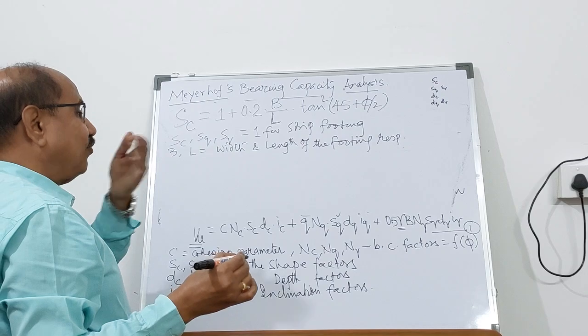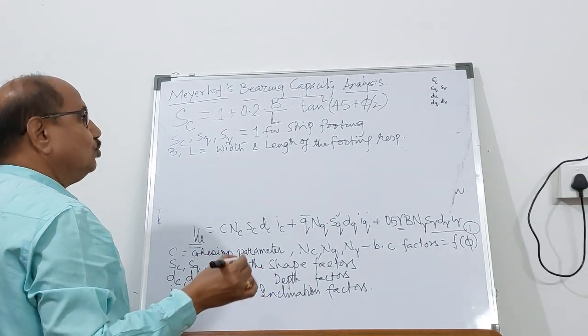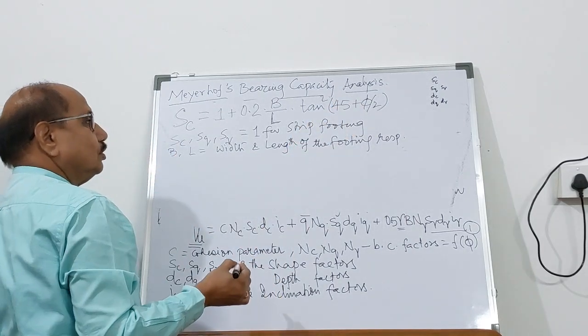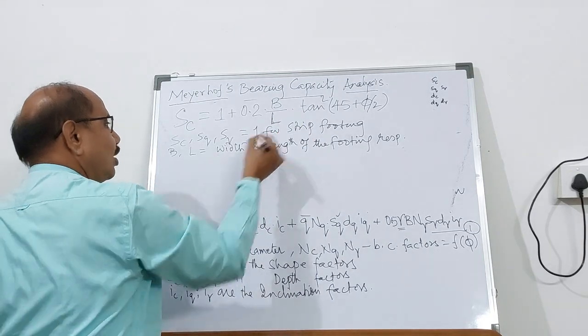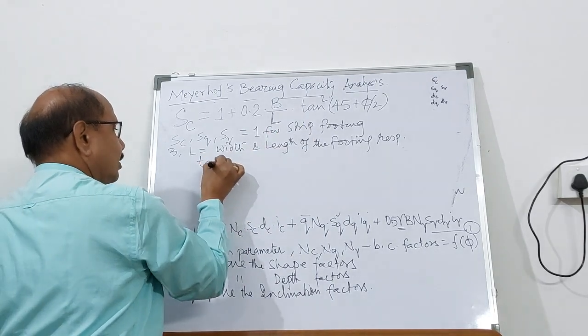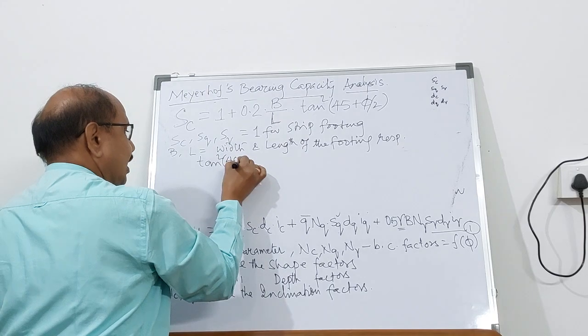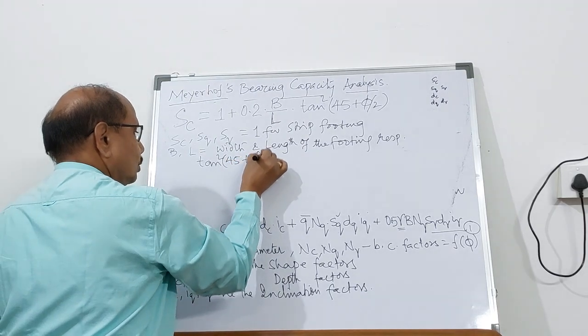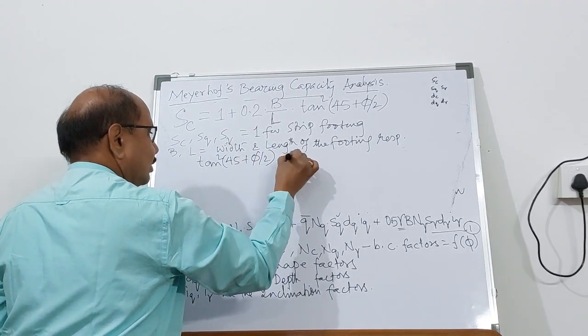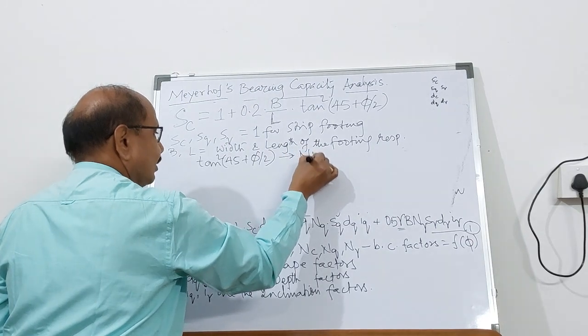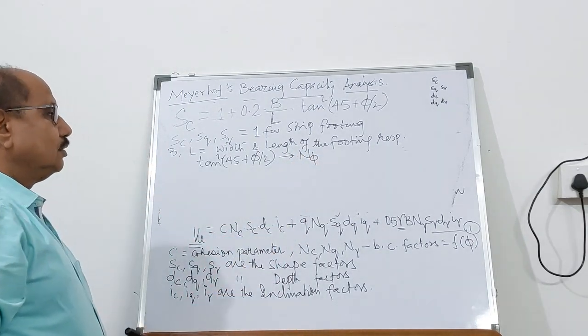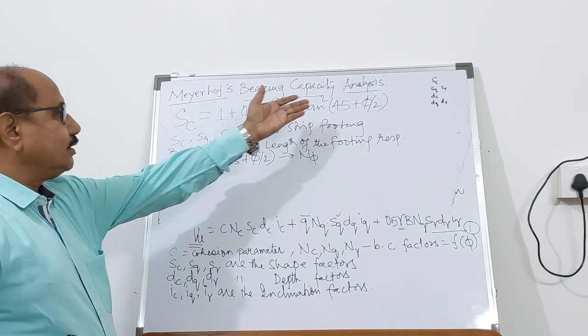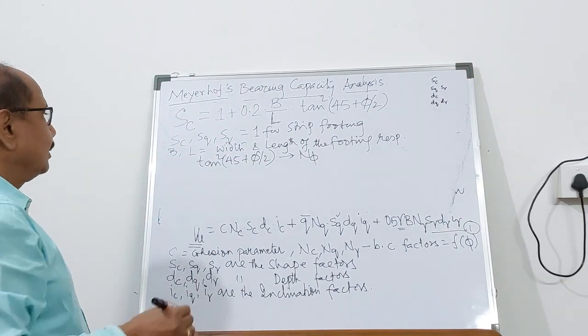And phi is the angle of friction that you already know. So this is also called tan square 45 plus phi by 2, also given as N phi, or you can write it like this.